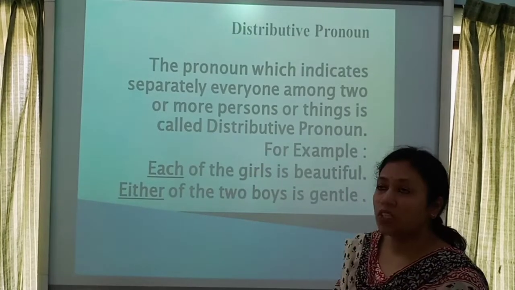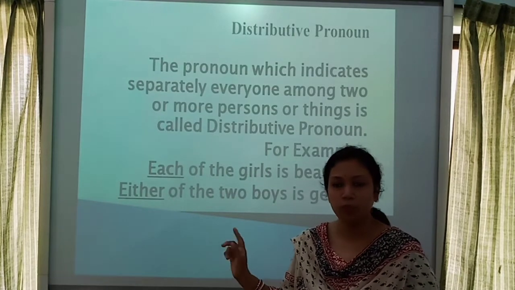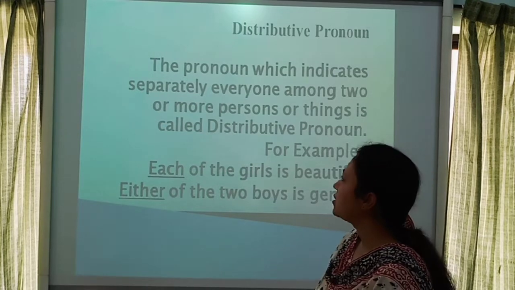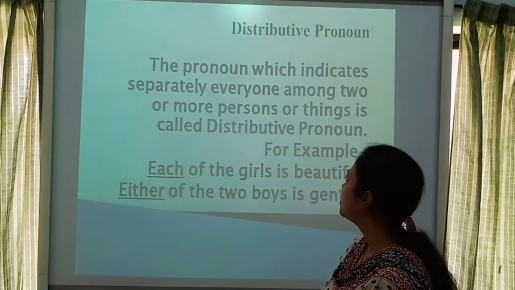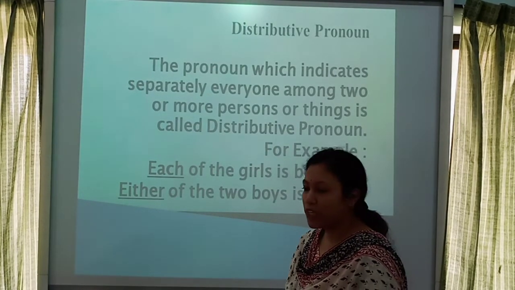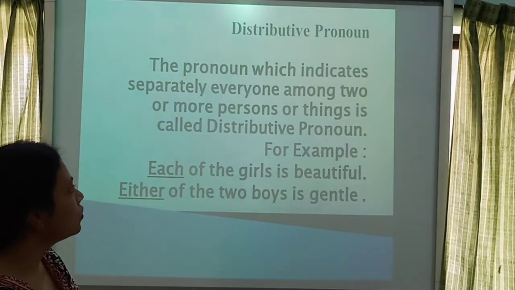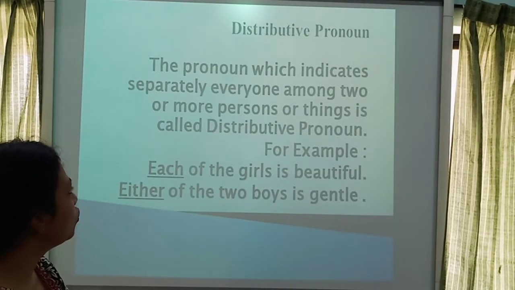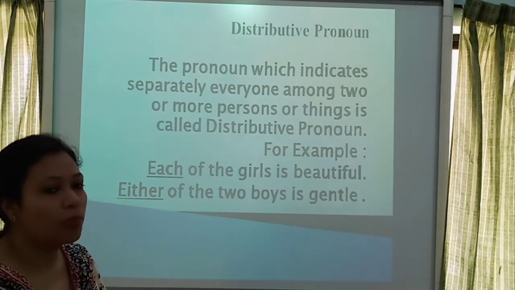Then distributive pronoun. Here's the definition of distributive pronoun. The pronoun which indicates separately everyone among two or more persons or things is called distributive pronoun.